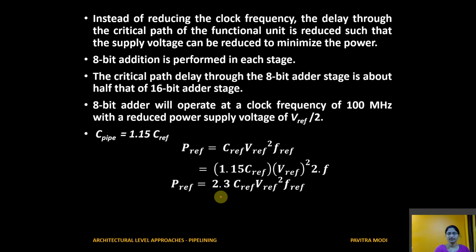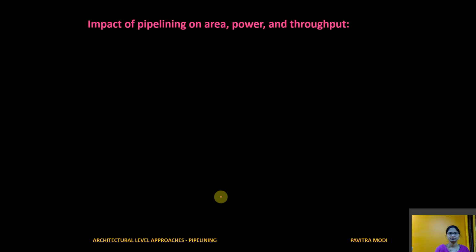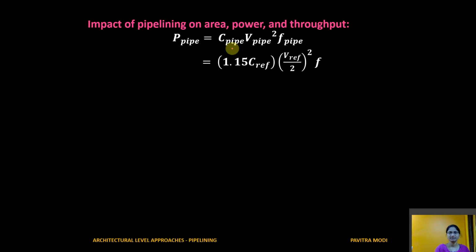Fine. Now let me talk of VDD scaling, and of how much power is dissipated because of VDD scaling. Therefore, the same formula, CV square F, but instead we have gone for pipelining. Therefore, the capacitance increases 1.15 times that of C reference.